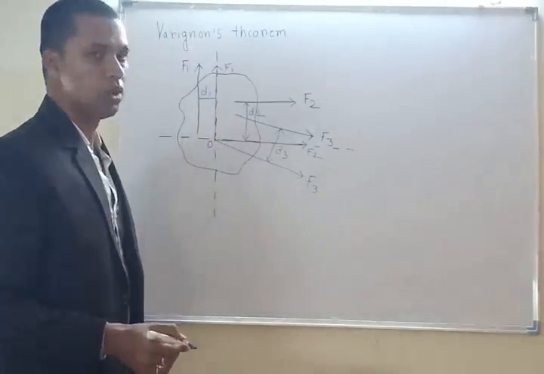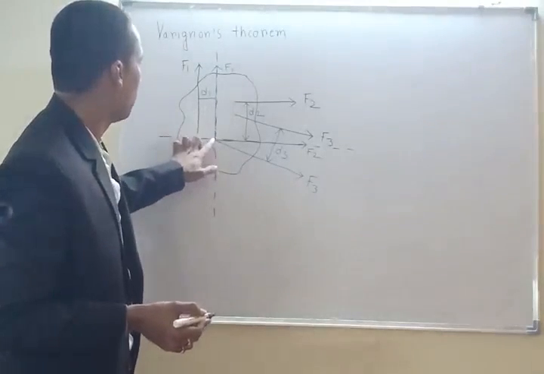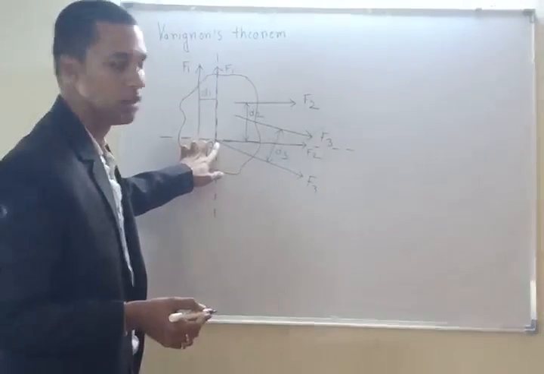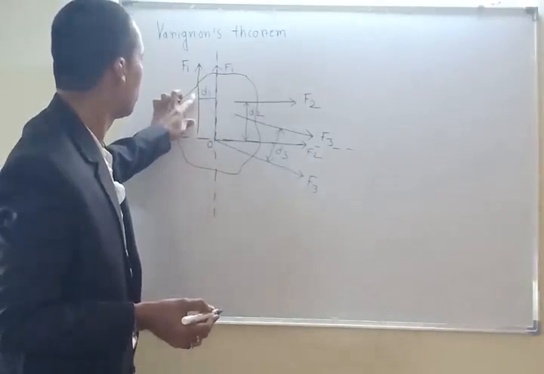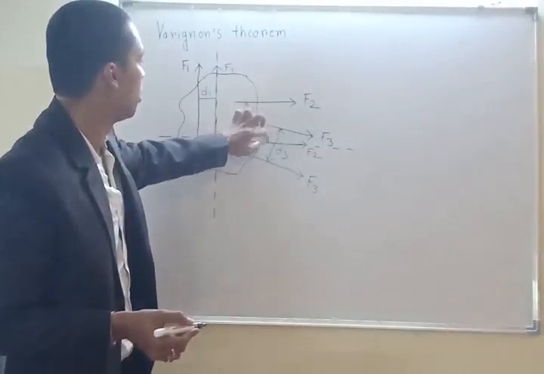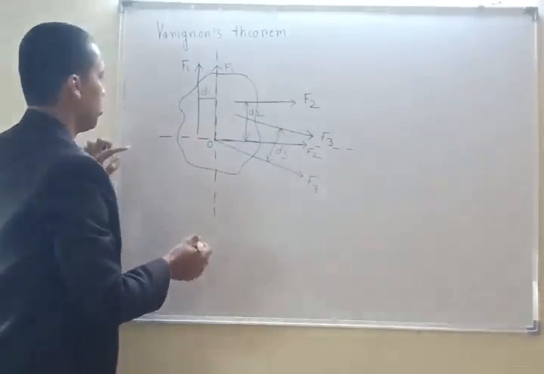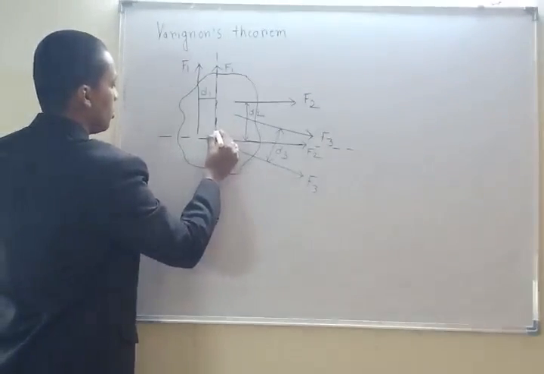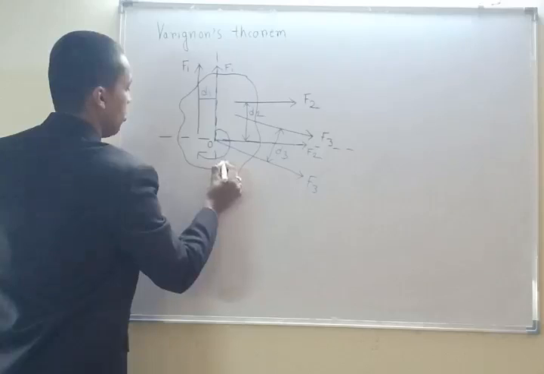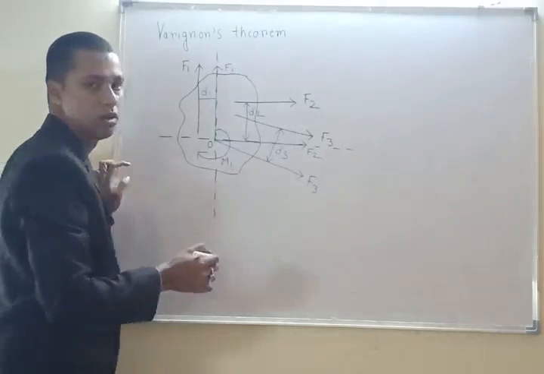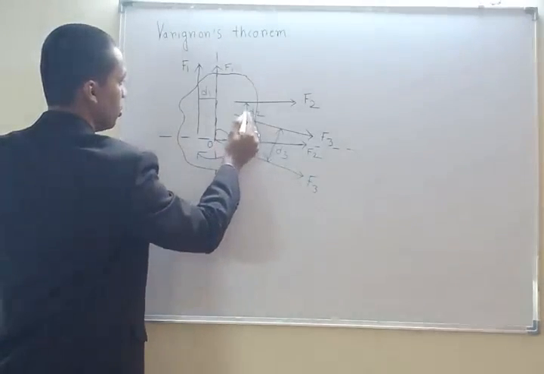Okay, so all these forces are going to give you, this is the force, this is the force, this is the force, but what we want is, we want these forces to act in here at this point, right? So we need to add the moment also. The moment due to this force, the moment due to this force, the moment due to this force. Okay, all these forces. First moment is going to be due to this force. It is going to act at this point like this, M1, moment 1, and then the second force is going to act like this due to this force.